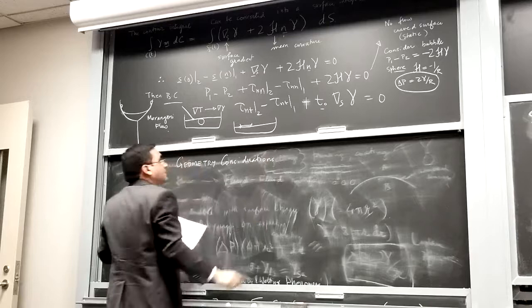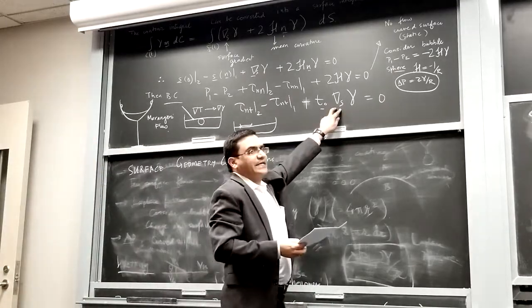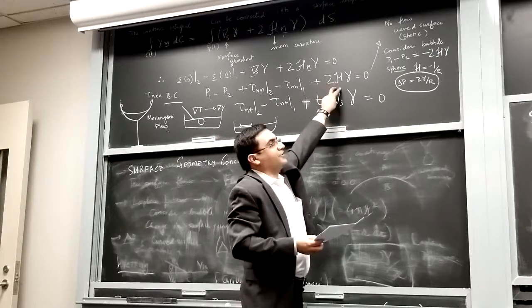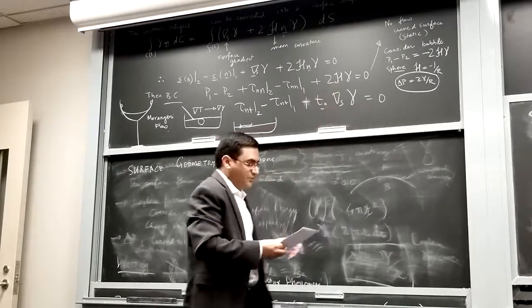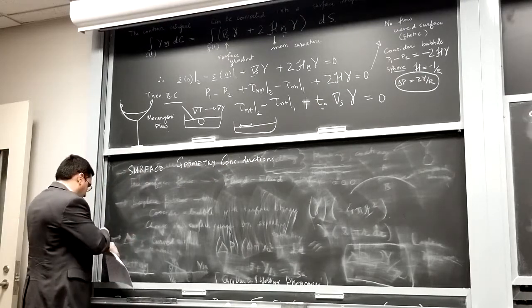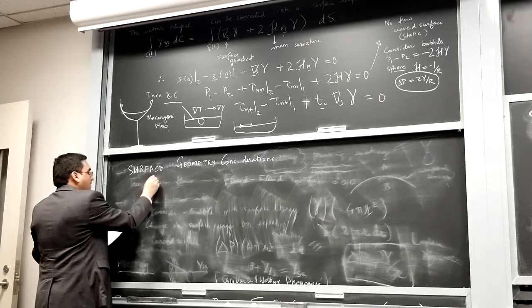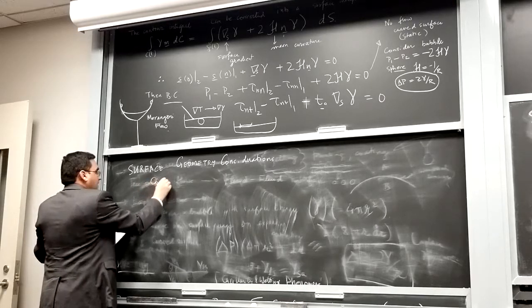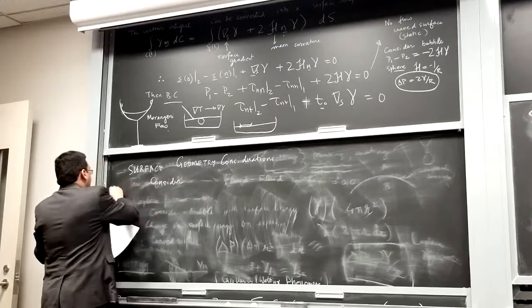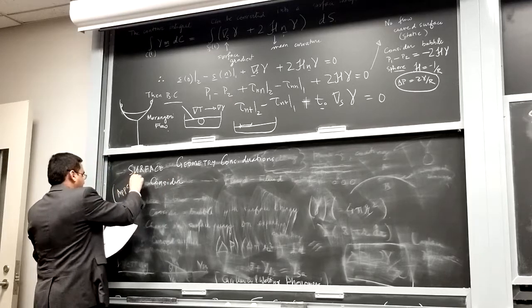We need to figure out how to find this surface gradient, and we also need to figure out how to find this curvature. Those are the two things we need to do. I think we'll run out of time, but I will still get started with this. Again, this is discussed in appendix D.